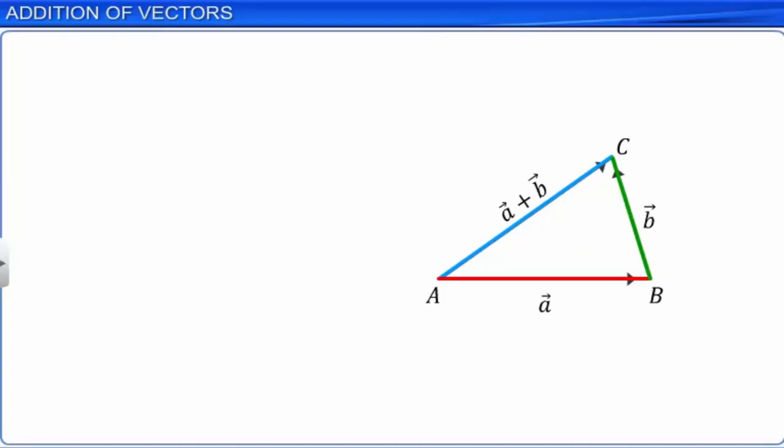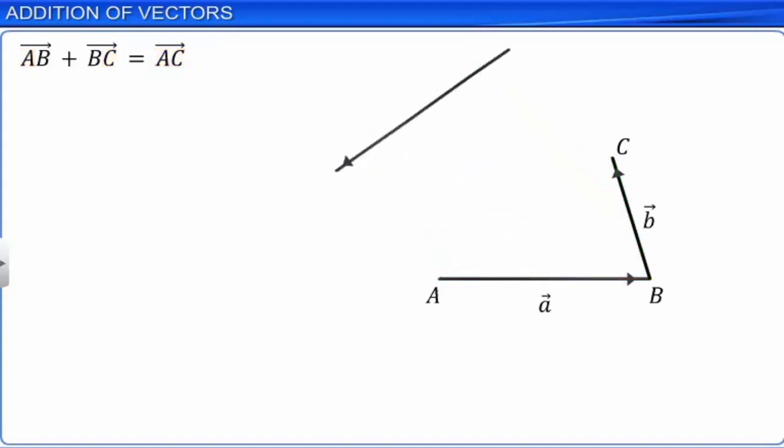Observe that the terminal point of vector AB and initial point of vector BC are the same. Upon adding vectors AB and BC, the resultant vector is AC, whose initial point is A and terminal point is C. Let us reverse the direction of vector AC to get vector CA.